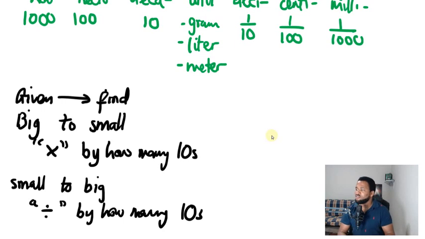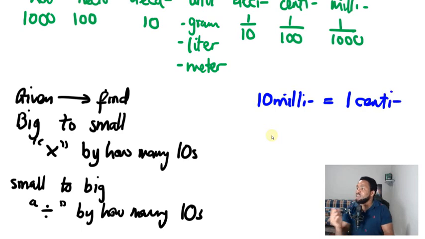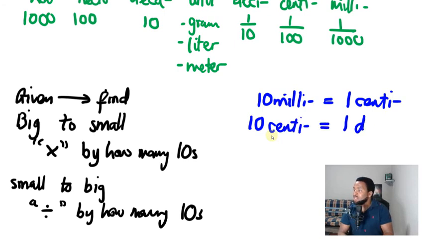So first off, some of you might remember this particular pattern where first 10 milli units is equal to 1 centi unit. And next one is I will need 10 centi units to make 1 deci unit.